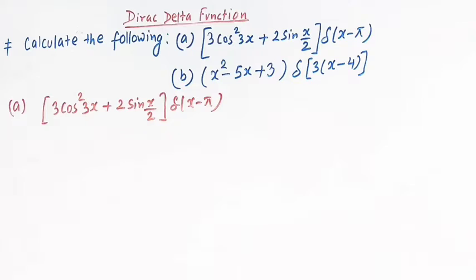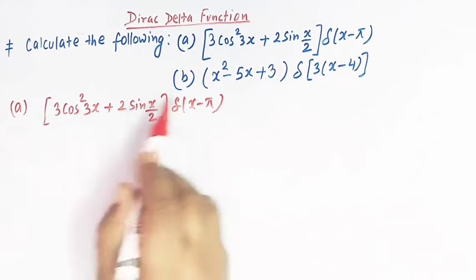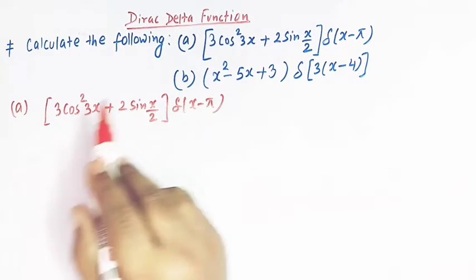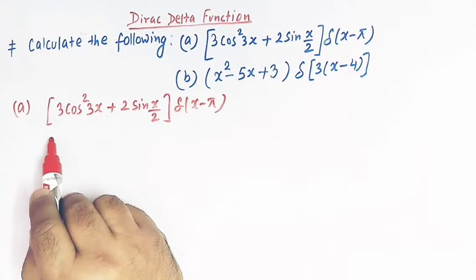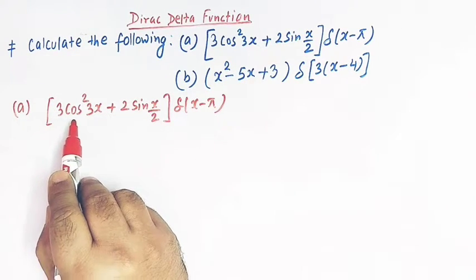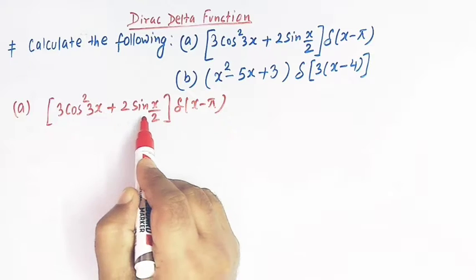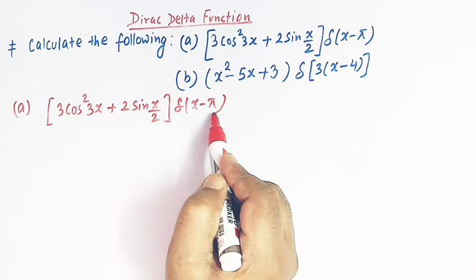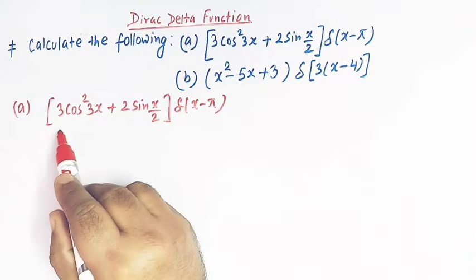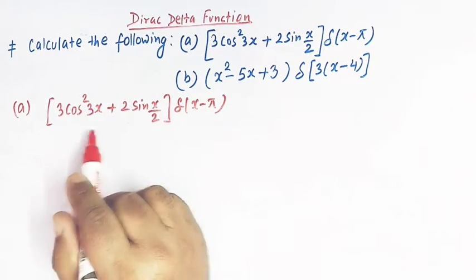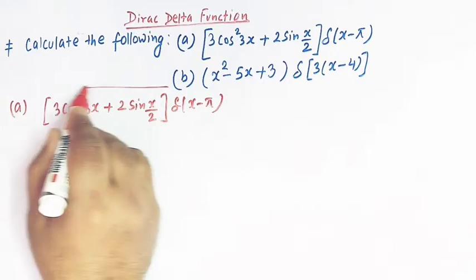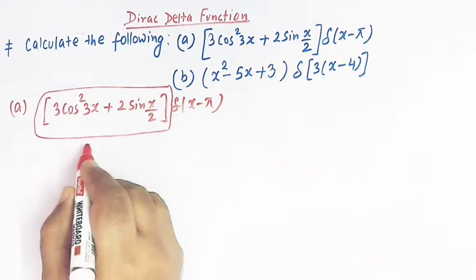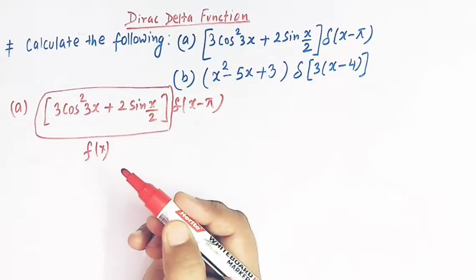So now let us take the first expression, right? So here we have a function 3 times cos squared 3x plus 2 sine x over 2, and here we have delta of x minus pi, right? So to find the value of this expression, let us take this function as f of x, right?